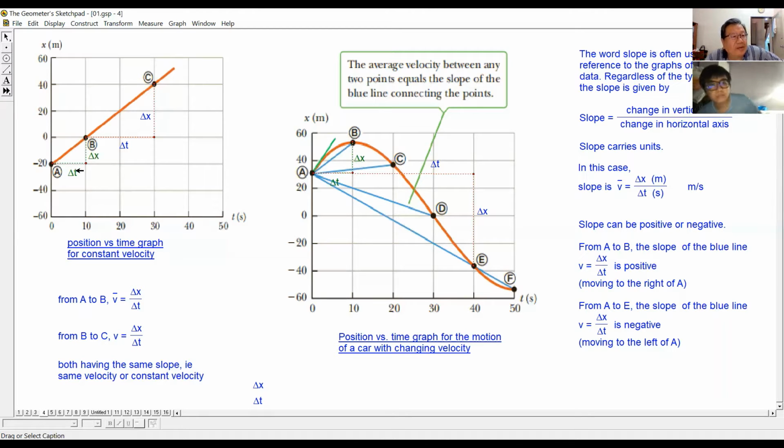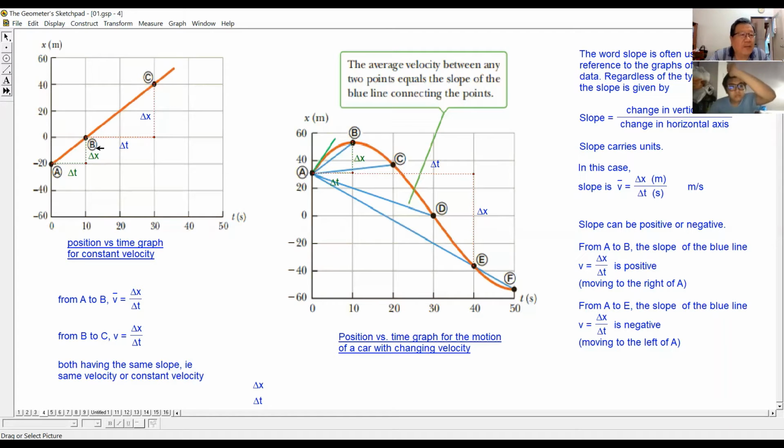So delta x over delta t is actually the slope of this red line AB. In British textbooks, they use gradient. So our average velocity, delta x over delta t, is actually the gradient of the red line.